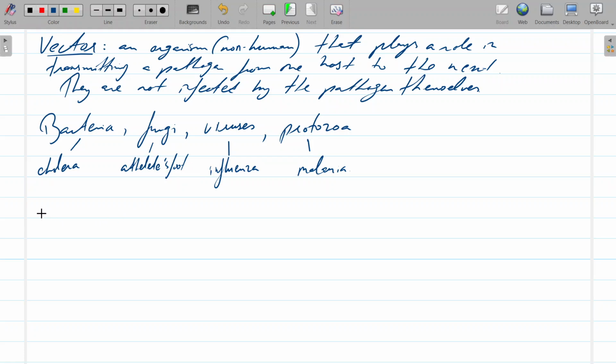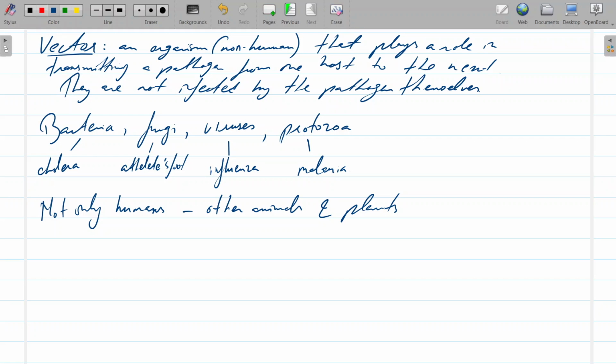Then it's not only humans, but other animals and plants as well. So there are diseases for plants where viruses or fungi or bacteria affect plants and they can lead to the death of the organism.